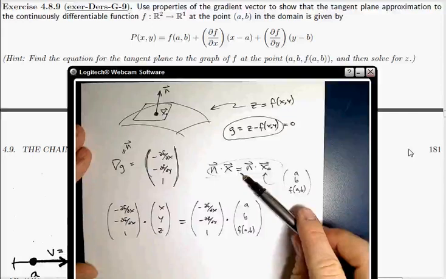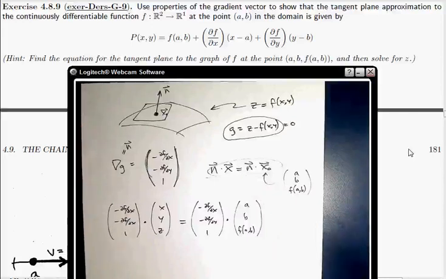Okay, let's multiply this all out, and there's a bunch of stuff here. Oh, golly, there's a lot of stuff, isn't it?